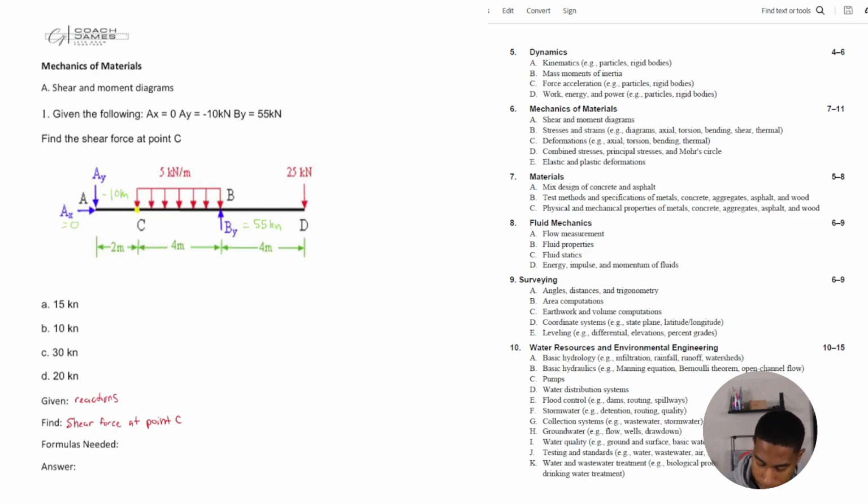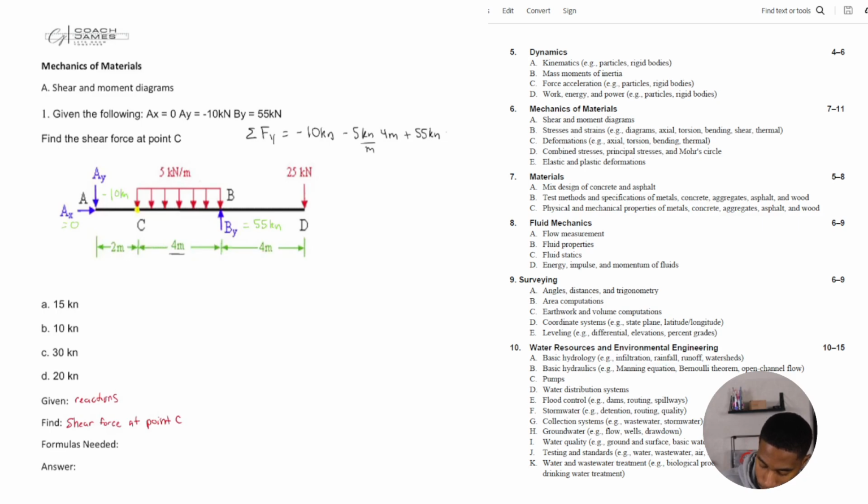So if we want to make sure that this is balanced, you could do sum of the forces in the y direction is equal to negative 10 kilonewtons coming down. I have another, it's coming down 5 kilonewtons per meter over a span of 4 meters. And then I have my BY coming up at 55 kilonewtons.